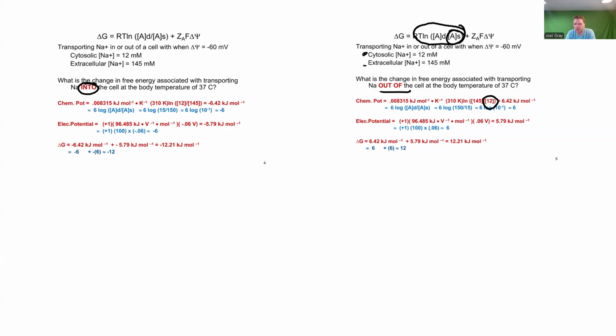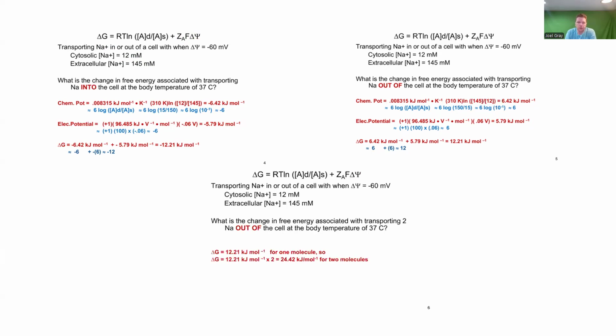The extracellular concentration is my destination. My delta psi, oh, that remains this. No, it doesn't. It's now a positive value. So when we're going out of the cell as opposed to into the cell, that makes it unfavorable from both vantage points. Now, how would this differ if we're doing two sodium ions? Well, we're going to do the same calculation and multiply it all by 2.